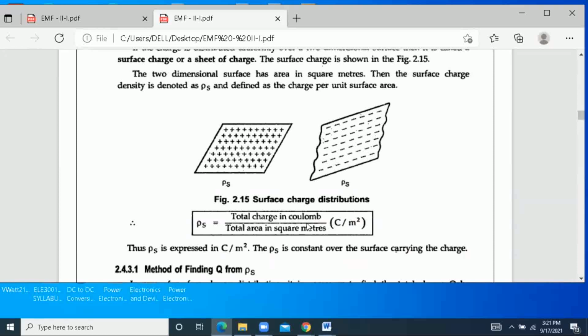So rho s is total charge divided by the area. So your surface charge density is your total charge over your total area. So it's coulombs per meter squared.